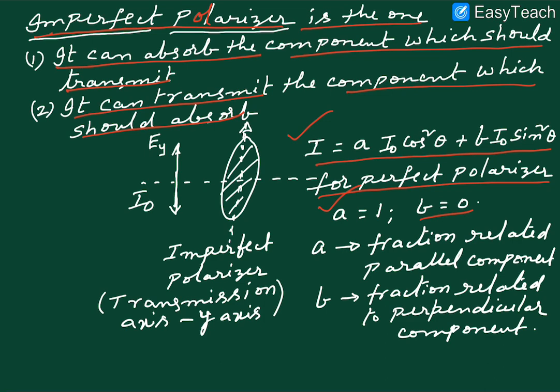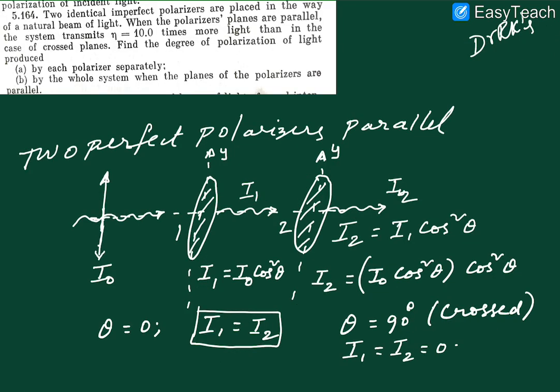So here what is A? The fraction related to the parallel component. Here afterwards I am using the word parallel component. B is the fraction related to the perpendicular component. So if polarizers are perfect, then I naught is the intensity of light here, and the transmitted light I1 is given by Malus law.